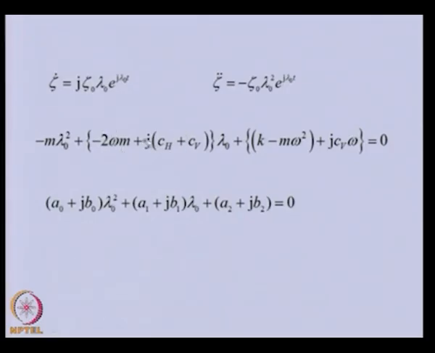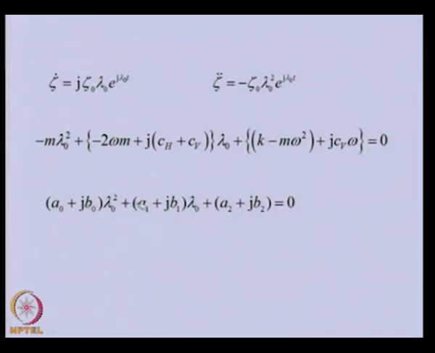We can see some complex terms are also there. So basically a more general form of this quadratic equation could be like this, in which the real part and imaginary part of the epsilon for the lambda square term is there. Similarly for the lambda naught term and for the constant term. So this is a more general form.